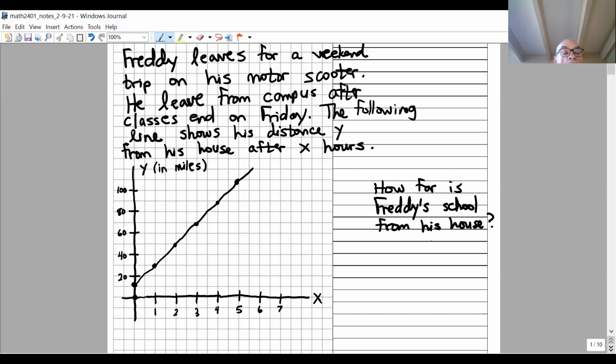And then after 2 hours, he was 50 miles away. And then after 3 hours, he's 70, and so on and so forth. So the graph of Freddie's distance away from his house is very simple, right? It's just a straight line. So not a complicated situation here at all.